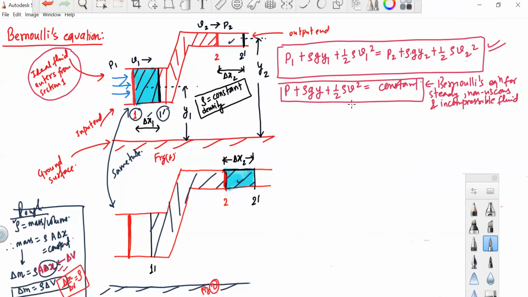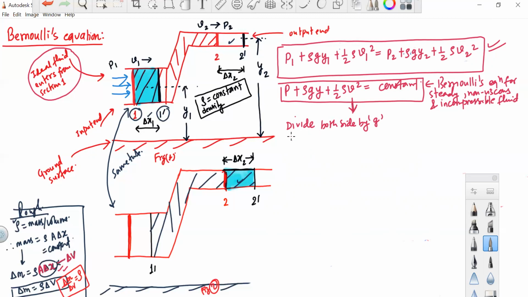Now let us divide both sides of this equation by g.